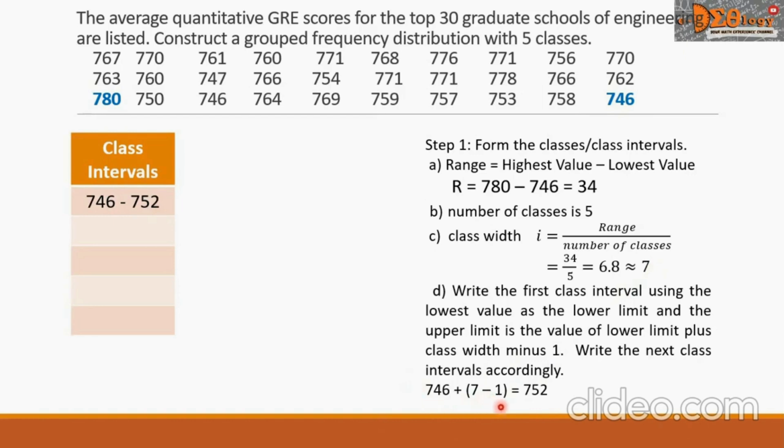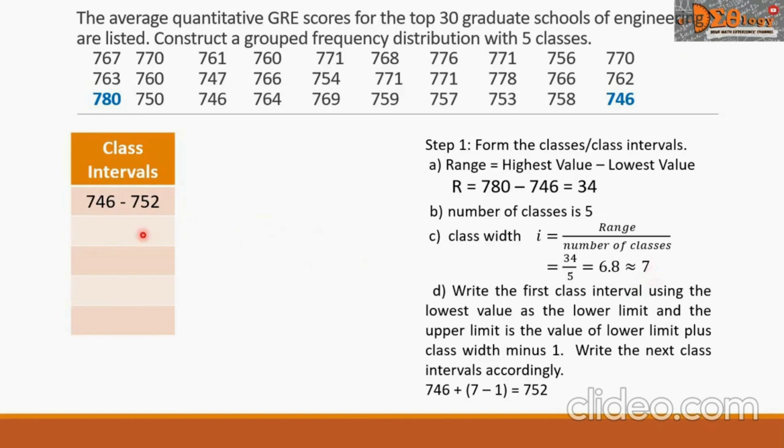And when we simplify this, this is equal to 752. And we will put this value in here. It means the first class interval is starting from 746 up to 752. So when we count, there are 1, 2, 3, 4, 5, 6, 7 numbers for the class interval. And the 7 numbers is the one being described by our class width, which is 7.